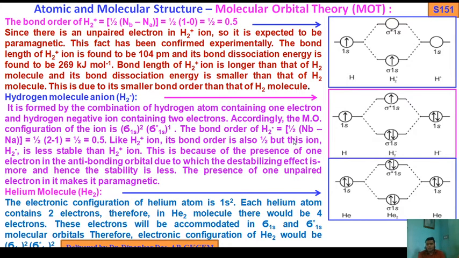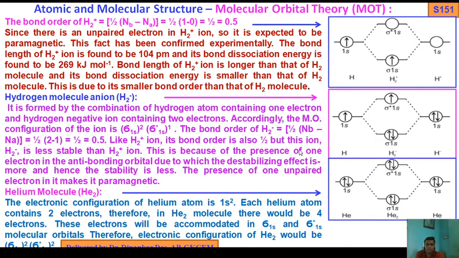The bond order will be half of Nb minus Na, that is half of 2 minus 1, that is 0.5. Like H2 plus ions, its bond order is also 0.5. But this ion H2 minus is less stable than H2 plus ion.